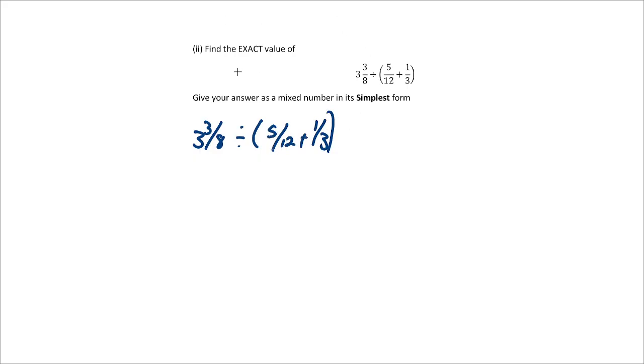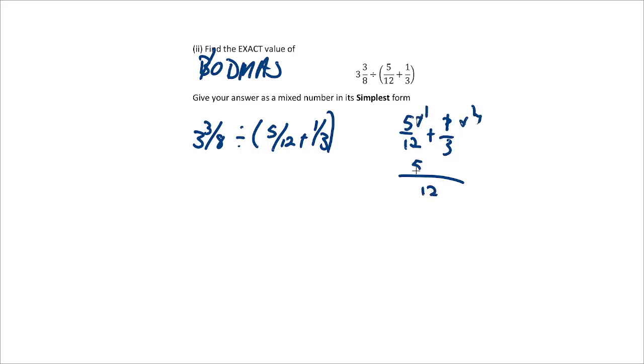This is a combination question, so you use BODMAS. Brackets first. So it is 5 over 12 plus 1 over 3. LCM is 12. 12 into 12, 1. 12 into 3, 4. That's 5 plus 4 is equals to 9 over 12, which is equals to 3 over 4.